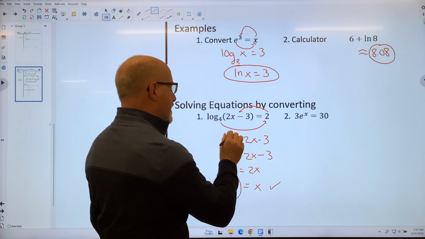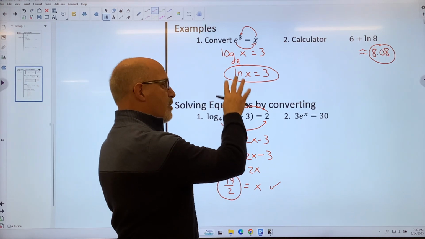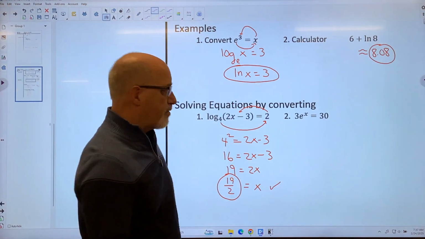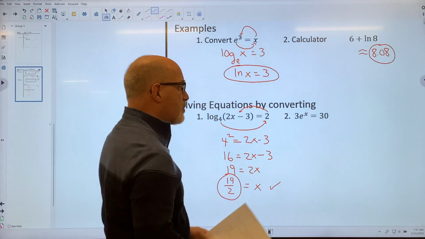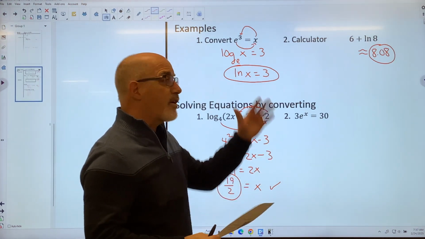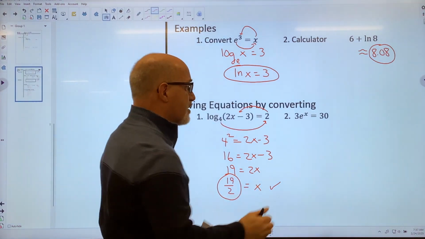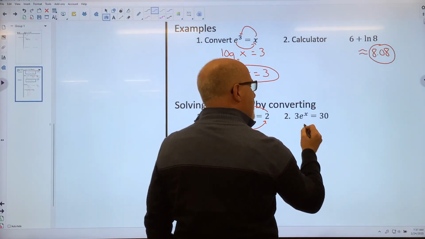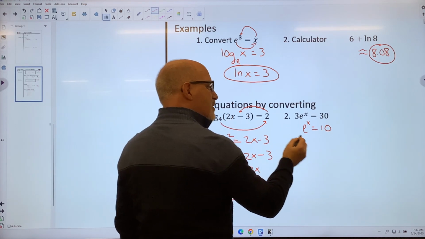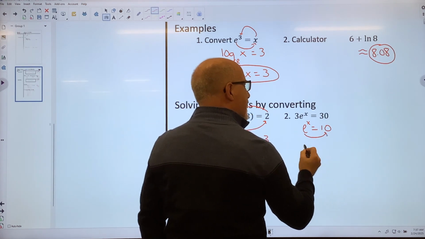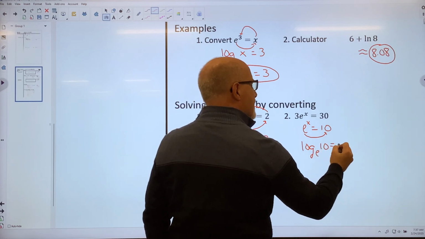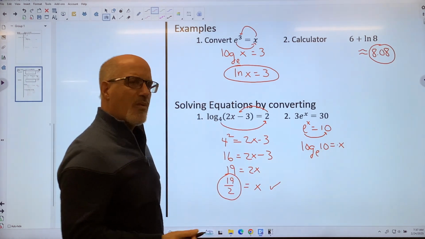So this isn't converting to one of our new log problems. This is just a review of doing our conversions. But if we were to do this one using a conversion, okay, now this one will involve one of our new log notations. Divide both sides by 3 to get e to the x equal to 10. Now I can do my circle tour, and so we get log base e of 10 is equal to x. You might say, well, what is that answer?